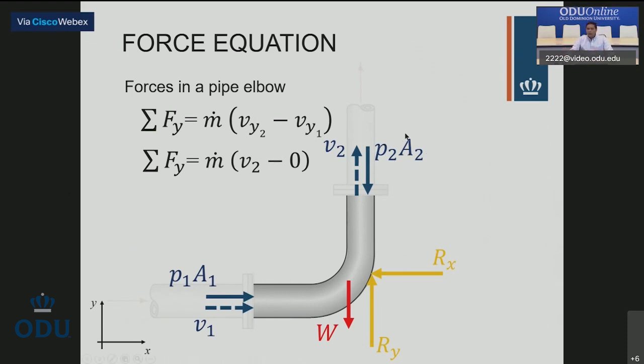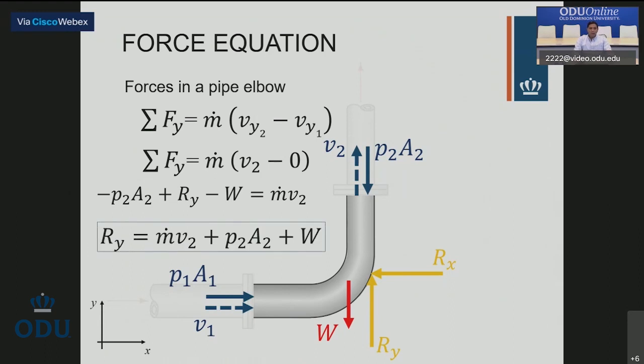Now let's look at the forces, and I have P2A2, okay, in the vertical, pointing downward, as I explained before. RY pointing upward because it's the elbow against the fluid. And then I have the weight. And that's what I do. I plug in those forces with their positive or negative sign, depending on the direction. Okay. So for RY, this is what I get.